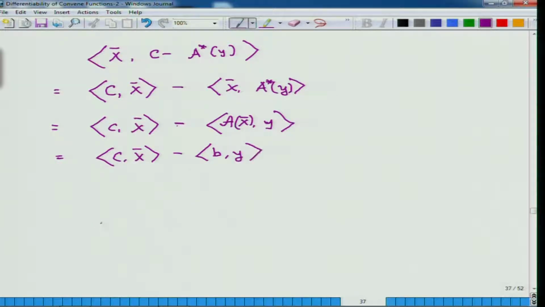Now, if you observe what we have now, because strong duality holds, because x bar is the solution, C of x bar minus B of y bar is greater than or equal to 0. From the duality point of view, you always have this weak duality result.